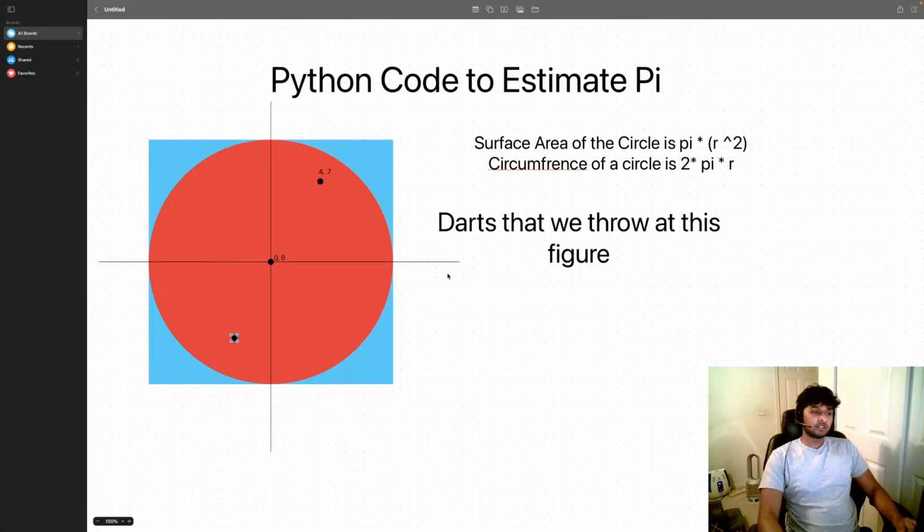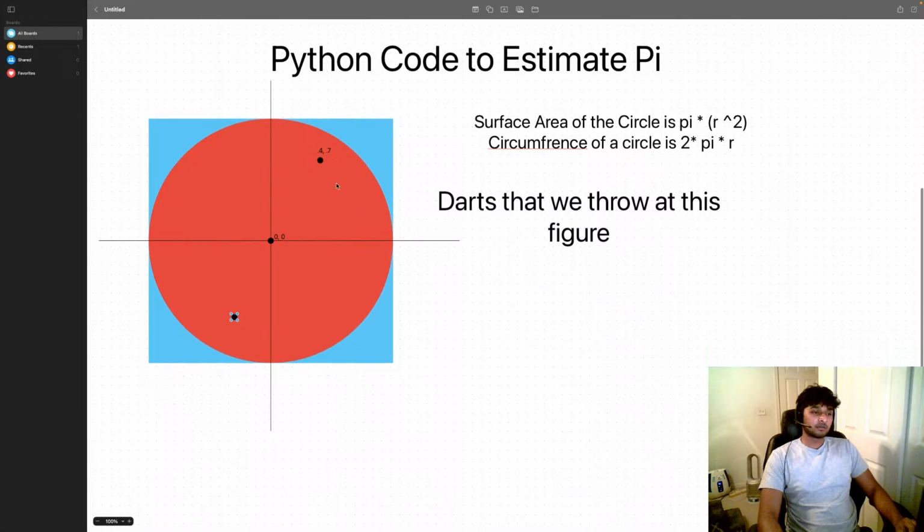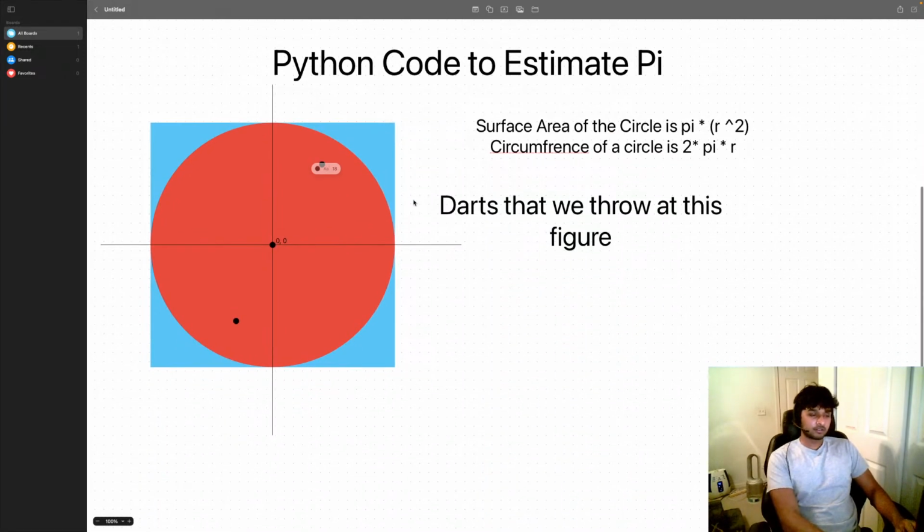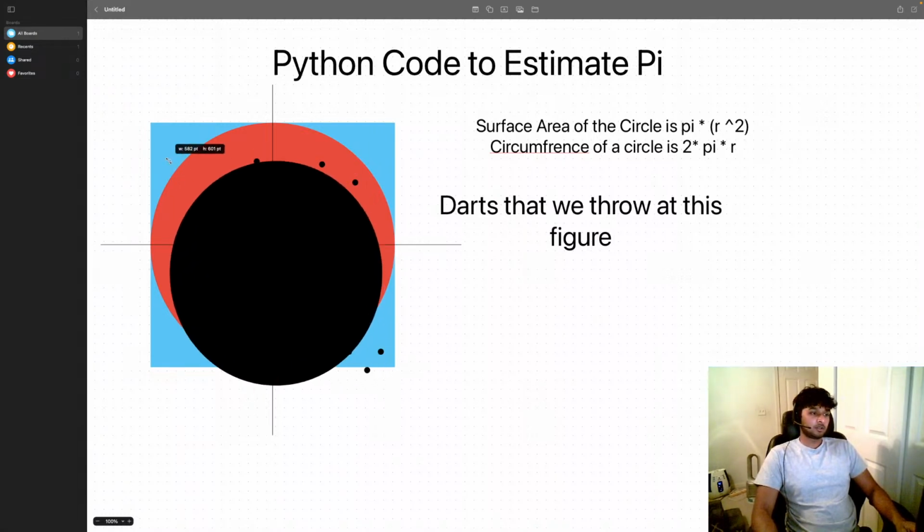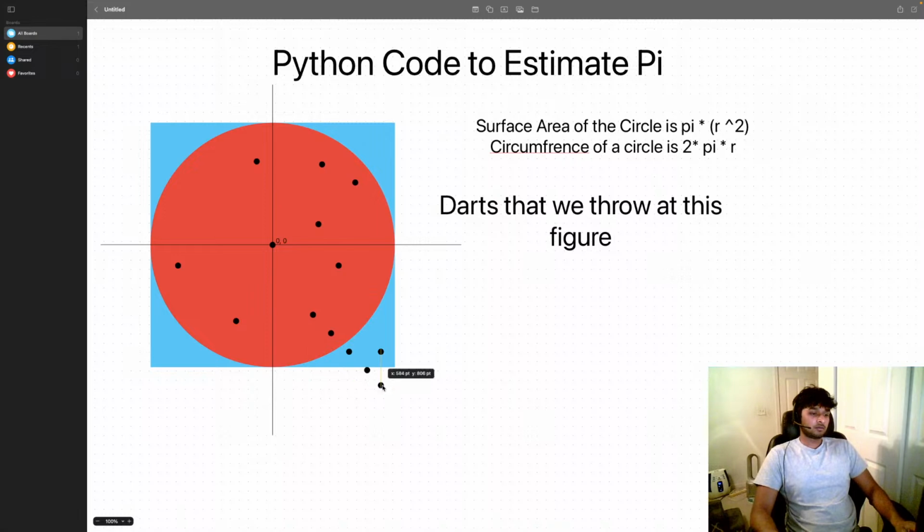What I want you to imagine is that we throw a whole bunch of darts at this. Like a whole bunch. Boom, boom, boom, boom, boom.